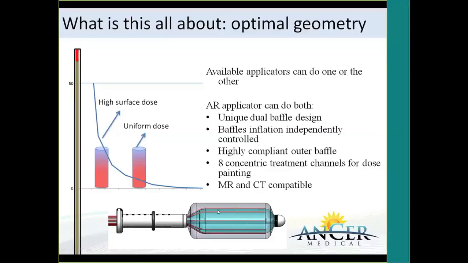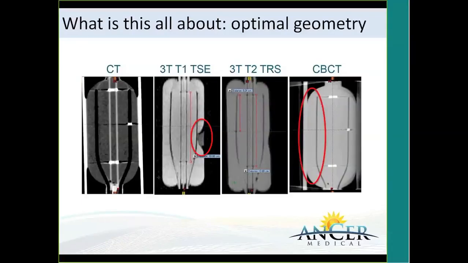So you can give an extremely high dose over here while sparing healthy tissue all around it. And here is an example where you have a uniform spacing between the catheter and the rectal wall. Now, obviously, this is a phantom, and when we look at patient images, it's going to look very different, but this essentially holds. So this was our phantom, this was our proof of principle that we can actually go ahead and do this.